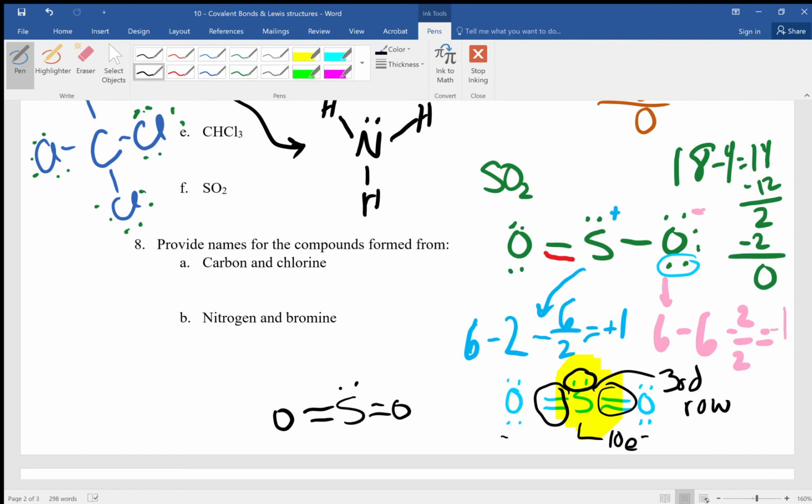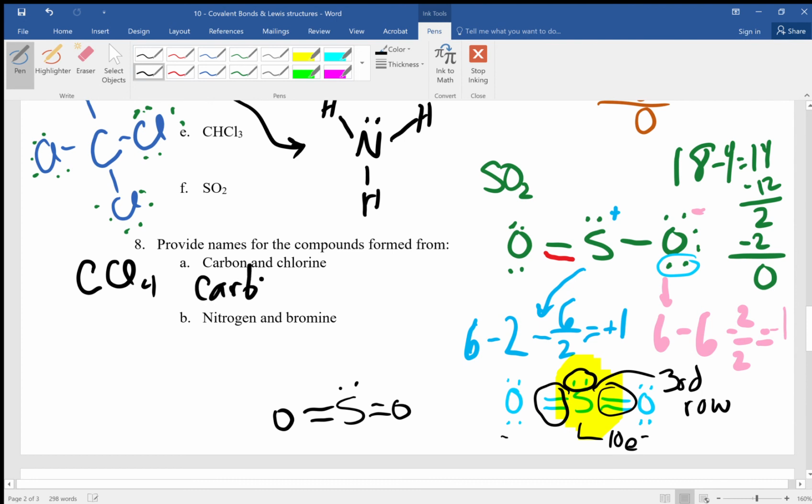Right, finally in part 8, we have some nomenclature. Now the first thing you need to do is go through in these cases and determine how many of each atom you need. So for carbon and chlorine, CCl4, which makes it carbon tetrachloride.